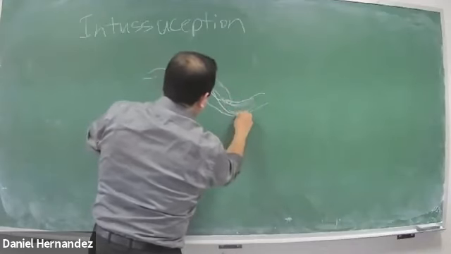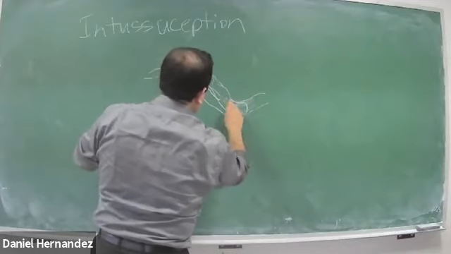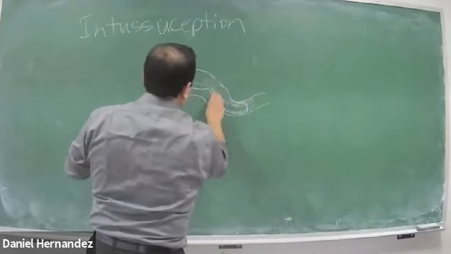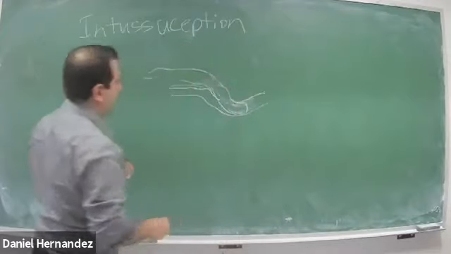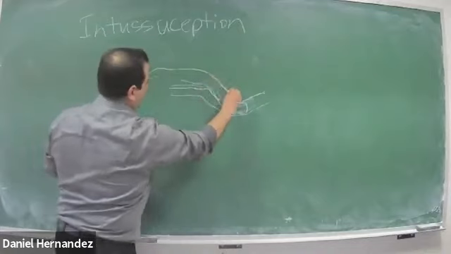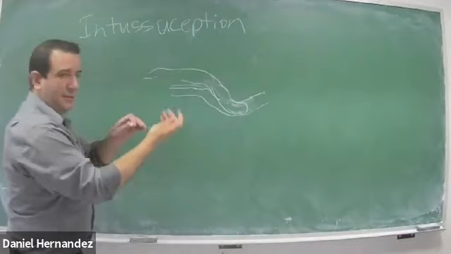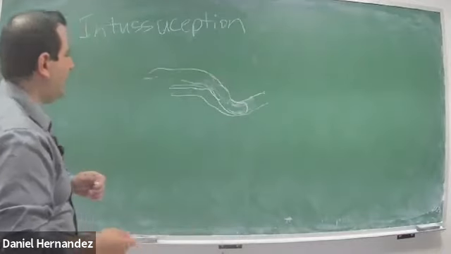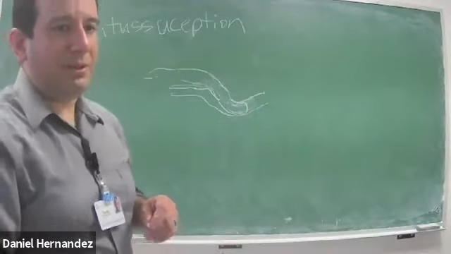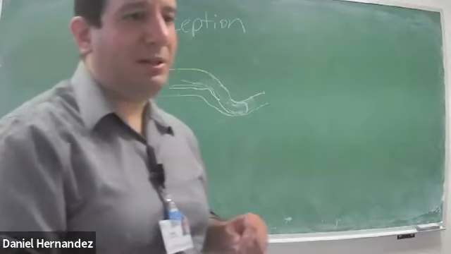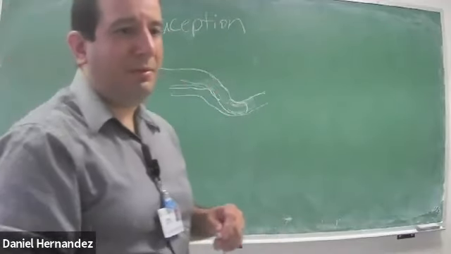So you get a looping of this bowel into this bowel. This is kind of what is described as like a telescoping of the bowel. So this bowel pushes and intrudes into this loop of bowel and kind of telescopes into it. So this condition occurs when bowel prolapses into more distal bowel or is propelled in an antegrade fashion.